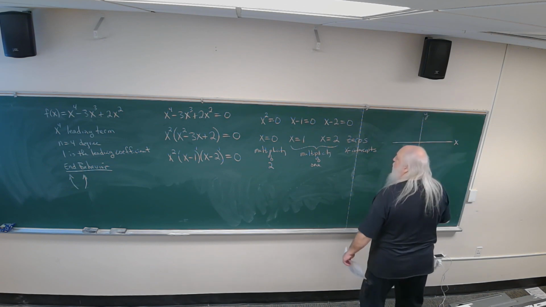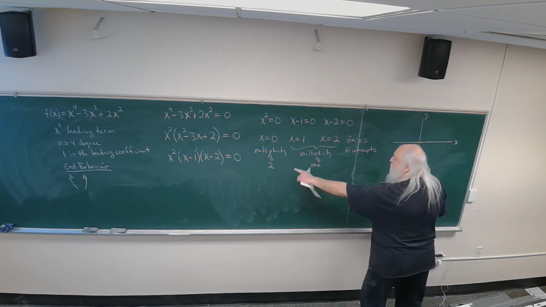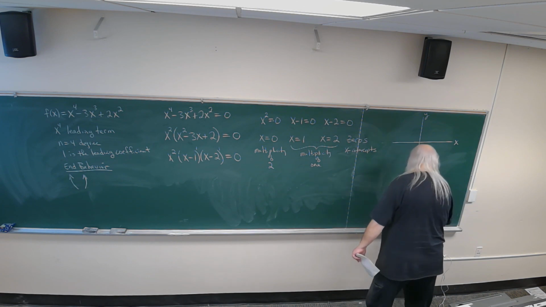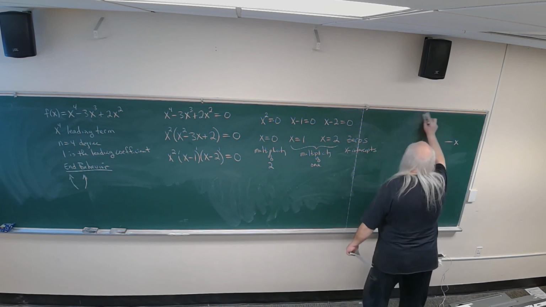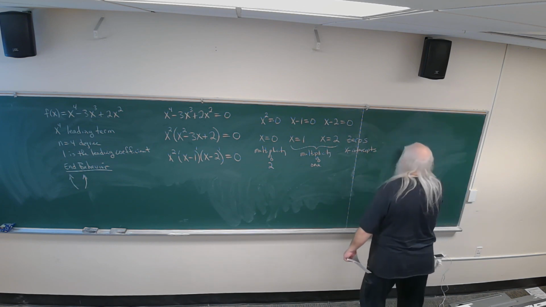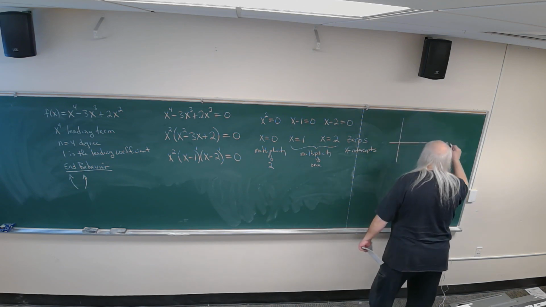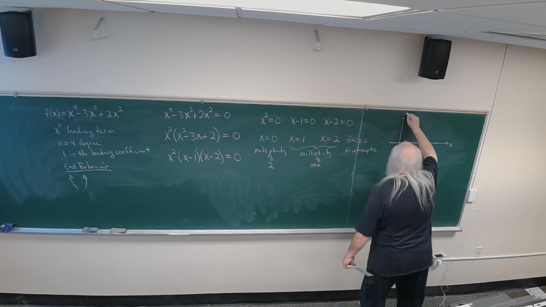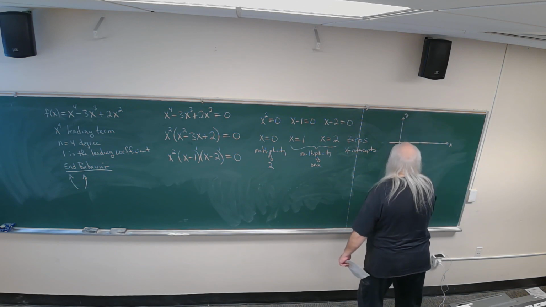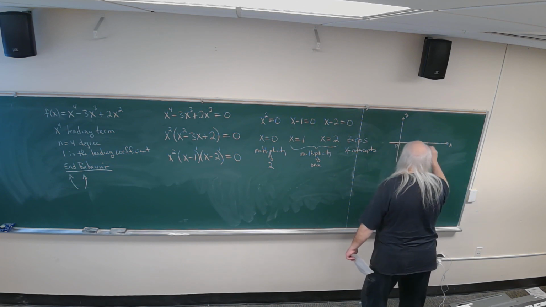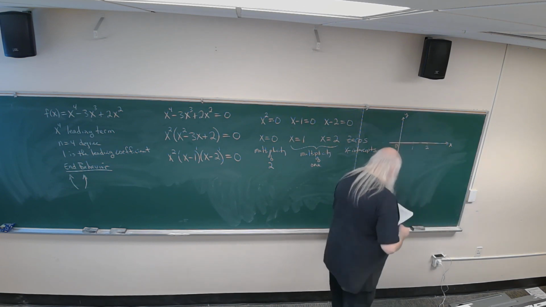Listing out the zeros, it looks like we don't have anything less than 0. Let me redraw this. We have an x-intercept at x equals 0, one at x equals 1, and one at x equals 2.